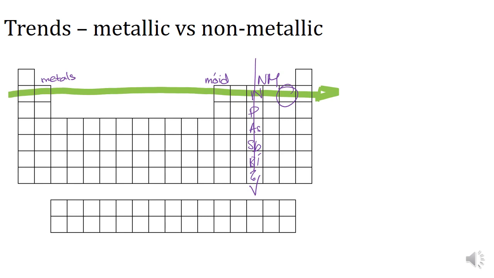So as we move down group 15, you can see that we're going from a non-metal in nitrogen through to something quite metallic in bismuth.